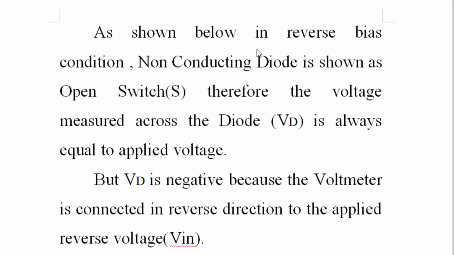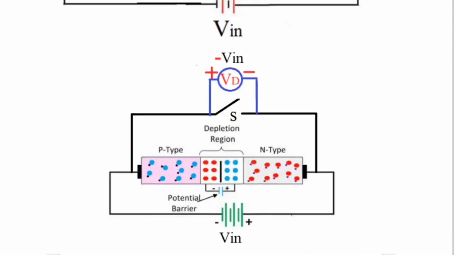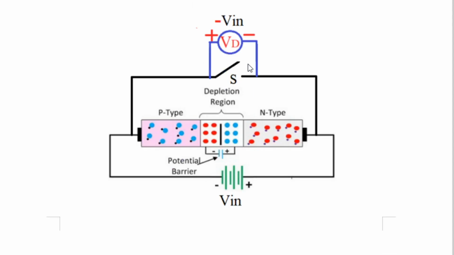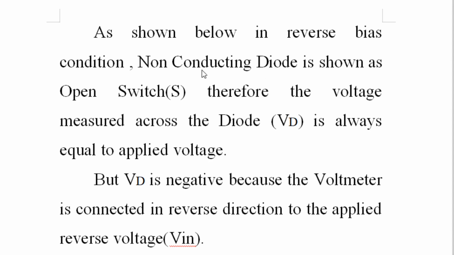As shown below, in reverse bias condition, the non-conducting diode is shown as an open switch, because in reverse bias condition the diode always behaves as a non-conducting device, because the width of the depletion layer is increased. And this diode, which is non-conducting, can be replaced by an open switch.